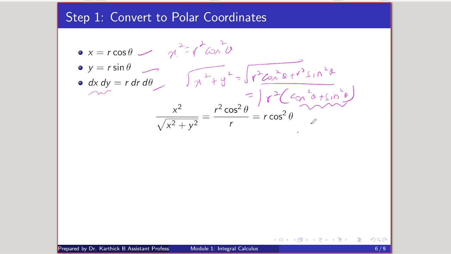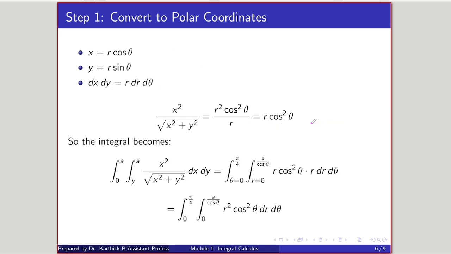Cos square theta plus sin square theta becomes 1. So simply the square root of r square is r. So the denominator is simply r. Finally the r gets cancelled, and we get r cos square theta.